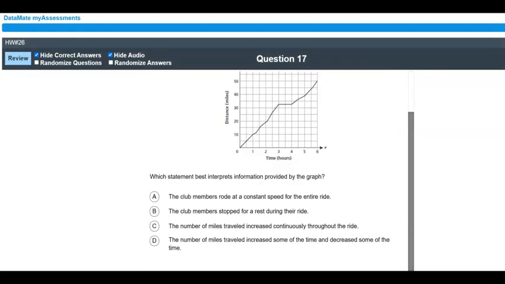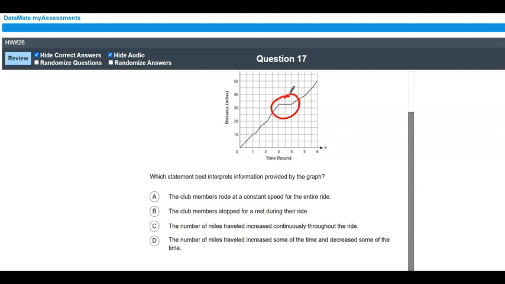Number 17 shows us the graph of a bicycle club over a period of time. And when they ask you which statement best interprets the graph, you kind of have to notice that first, the time is going and their distance away from their initial location is getting greater. And then right here, their distance doesn't change. But then it starts to go again.